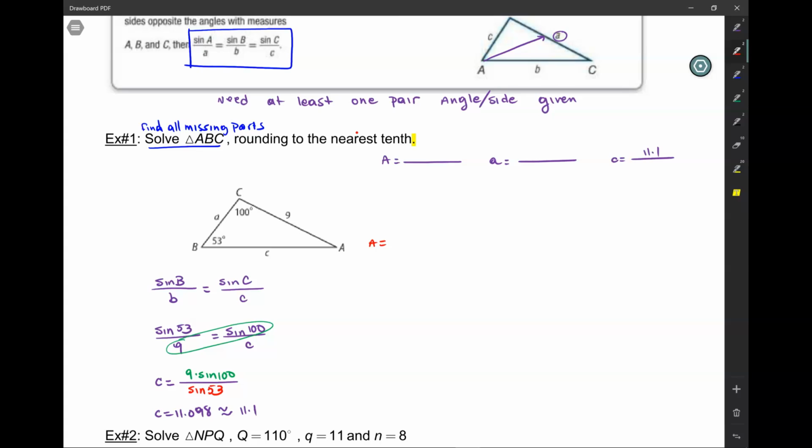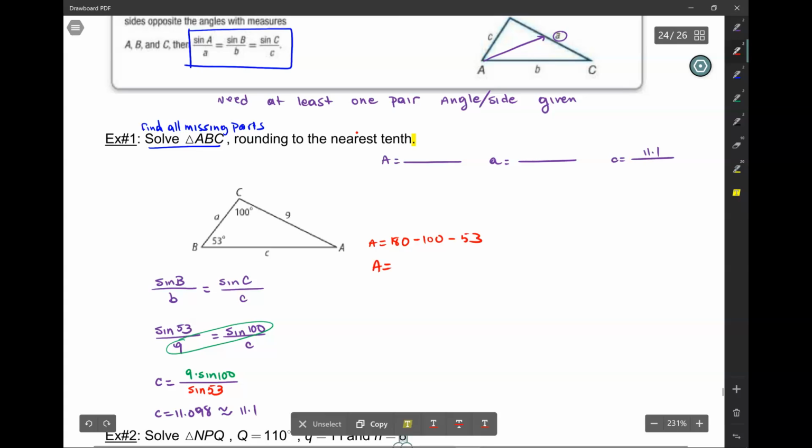All three angles have to add up to 180, so you can just subtract from 180. Angle A is 180 minus 100 minus 53. 180 minus 100 is 80. Minus 53 is 27. So 27 degrees.